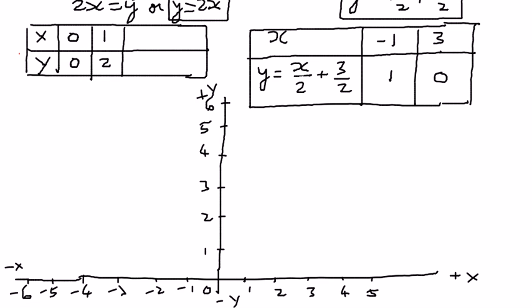Let us plot these points, and let us use different colors so that way we know what we're doing. In the first equation, when x equals 0, the value of y equals 0. Let us identify that. That is right at the origin there. And then the second point, when x equals 1, the value of y is equal to 2. We go 1 unit on the x-axis and 2 units on the y-axis.